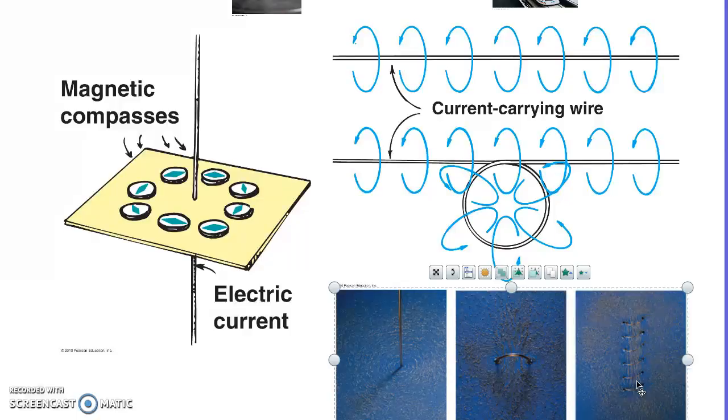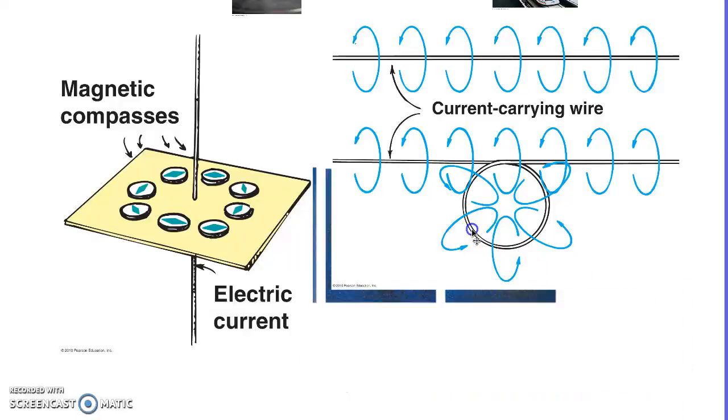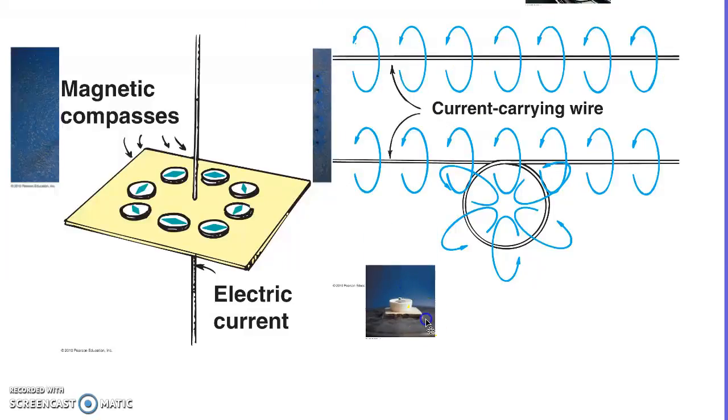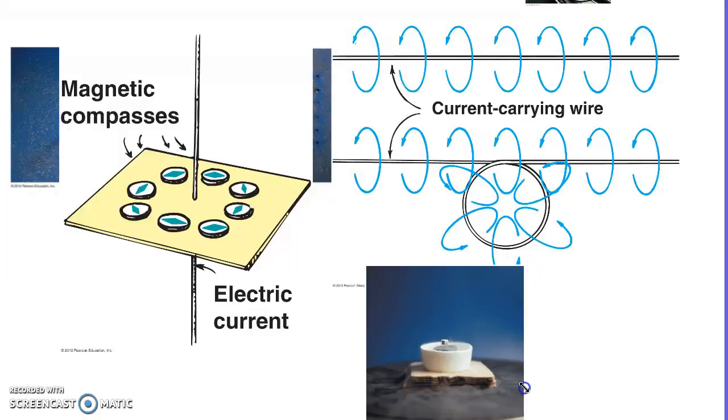Okay. And now, the other thing that's interesting with superconductors is that if you take a superconductor at very cold temperatures, superconductors have been found to repel, or expel, magnetic fields.